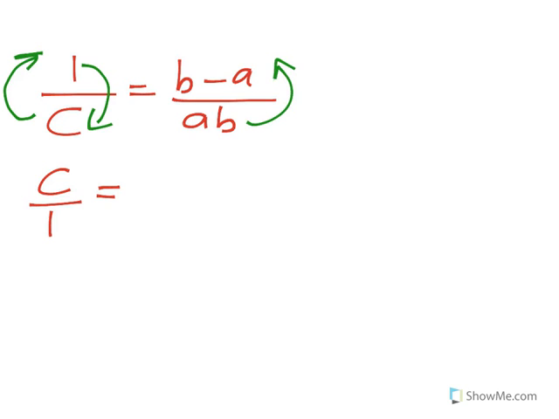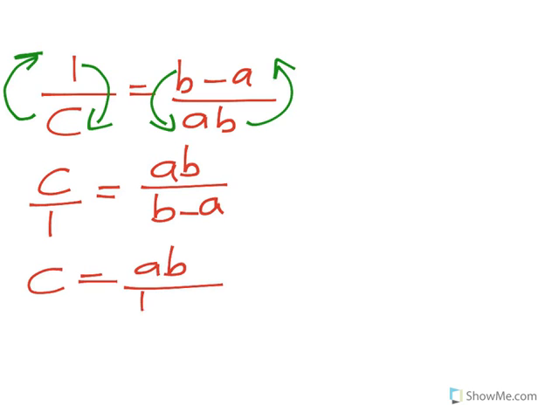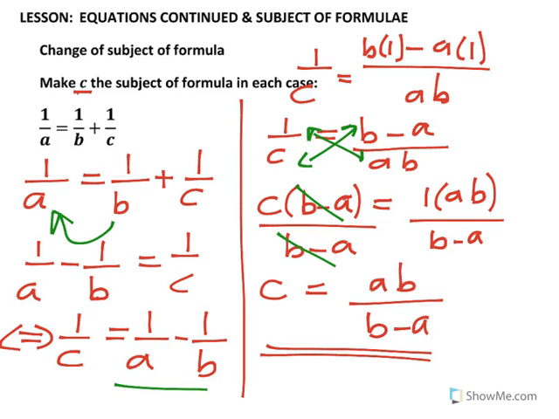You take ab to the top and you take b minus a to the bottom. Now we are going to have ab over b minus a. Now look at it, c over 1 means c is equal to ab over b minus a, which is similar to the previous one that you got. Provided you do the same thing on the left hand side, you must do on the right hand side.